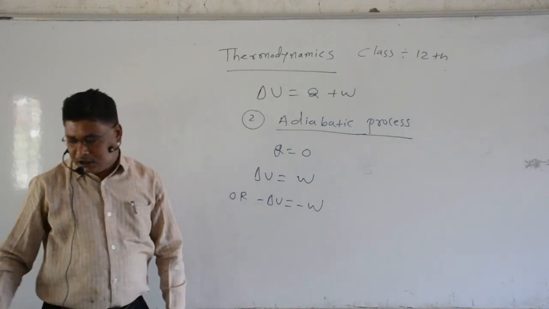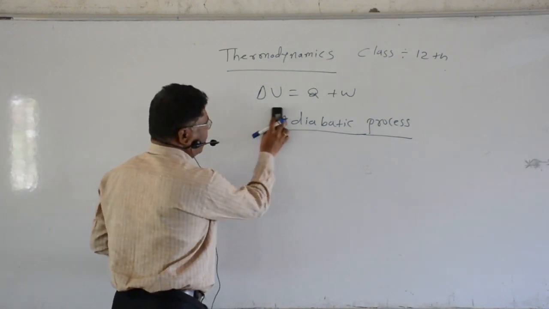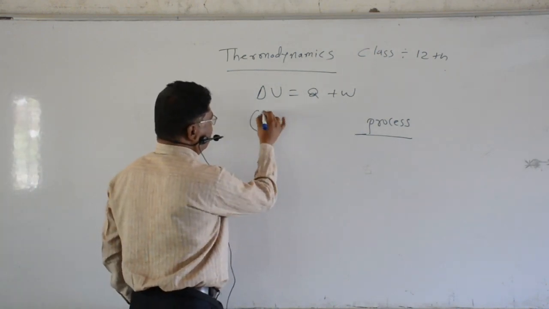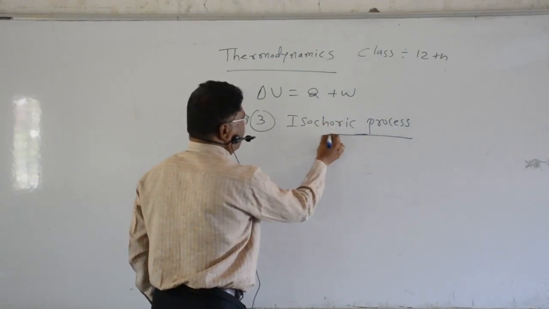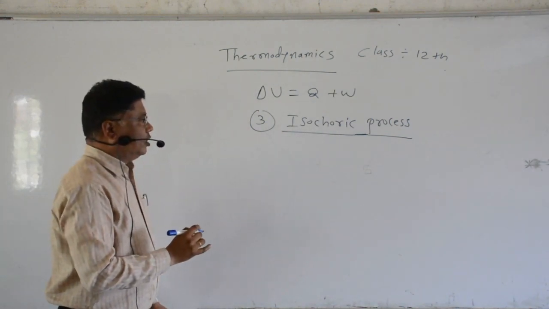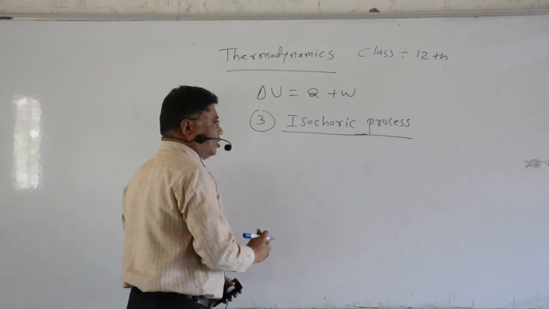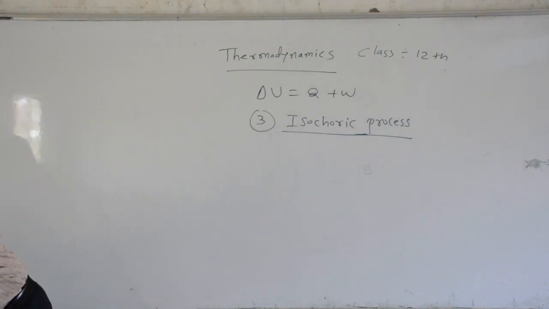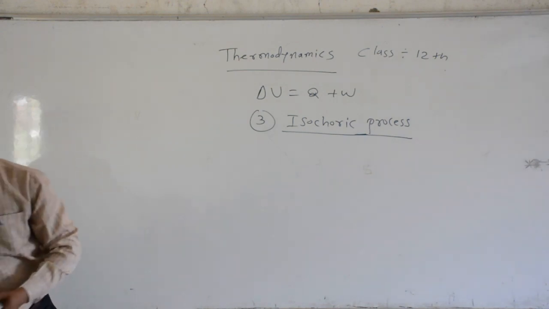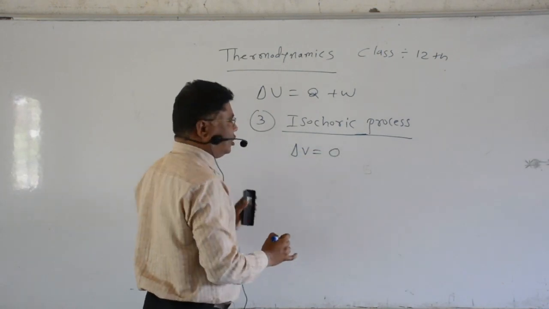Now, third process, that is isochoric process. What is called an isochoric process? The process in which the volume of the system remains constant is called an isochoric process. So in isochoric process, change in volume, delta V, is equal to 0.